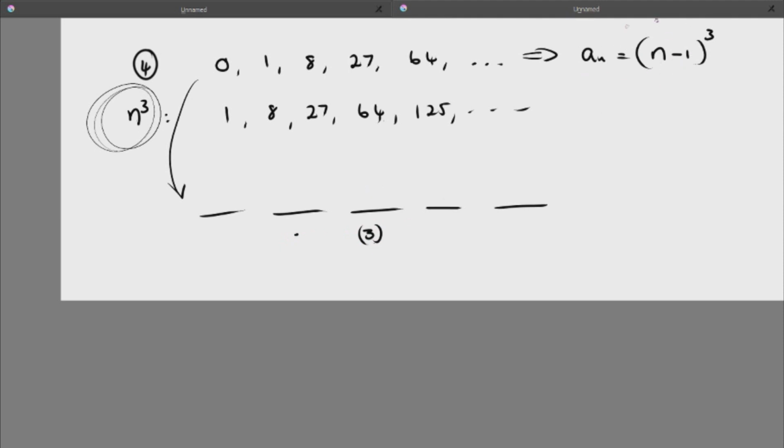This formula, my attempt, says take 1 off the position and cube that instead. Well, that's exactly this one. So when I replace the base, the original n, with an n minus 1, it's a shift of that original sequence to the right by 1 position.